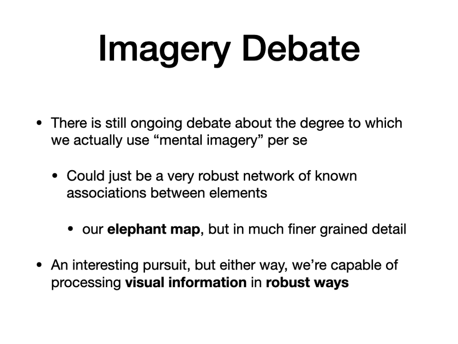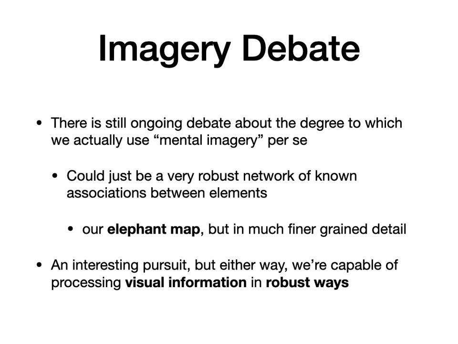But either way, whether or not we are using a purer form of imagery or a purer form of symbology, that's sort of a continuum question. The fact remains, we can do this. We can process visual information in these very robust ways, and they have these linear shapes to how long they take.